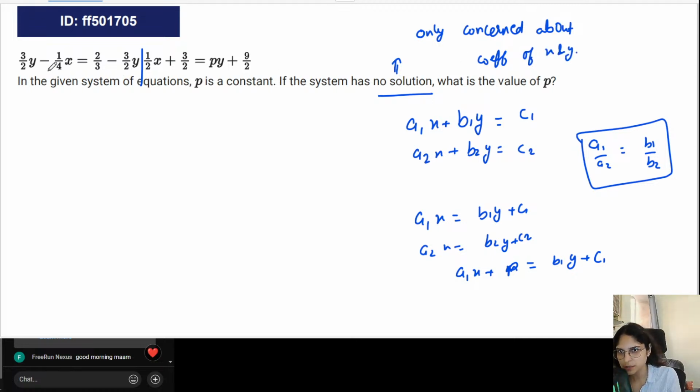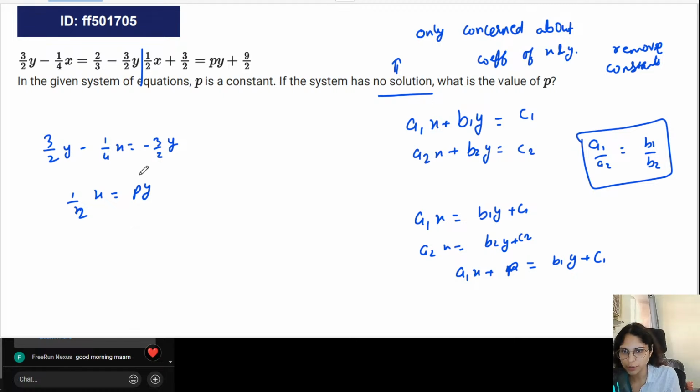And if these are such complicated equations, you can just remove the constants. So this would just be 3/2 y minus 1/4 x equals -3/2 y. Next one is half x equals py.